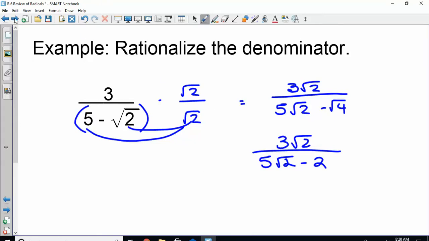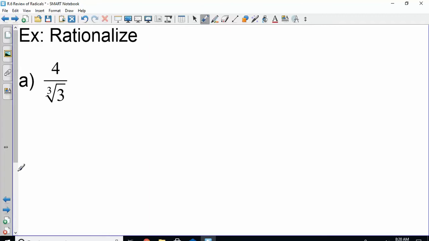Let's look at some more. I'm just going to keep practicing these. How is this one different than the others?